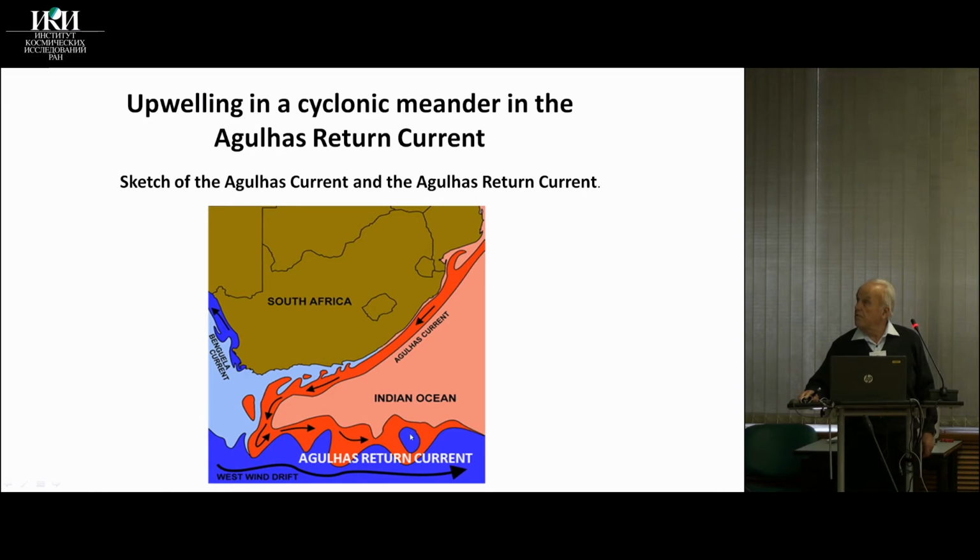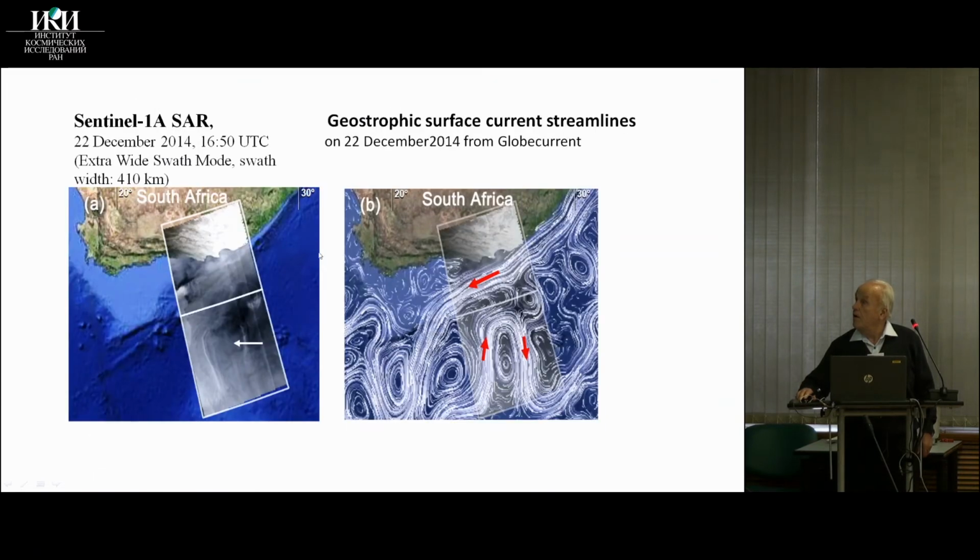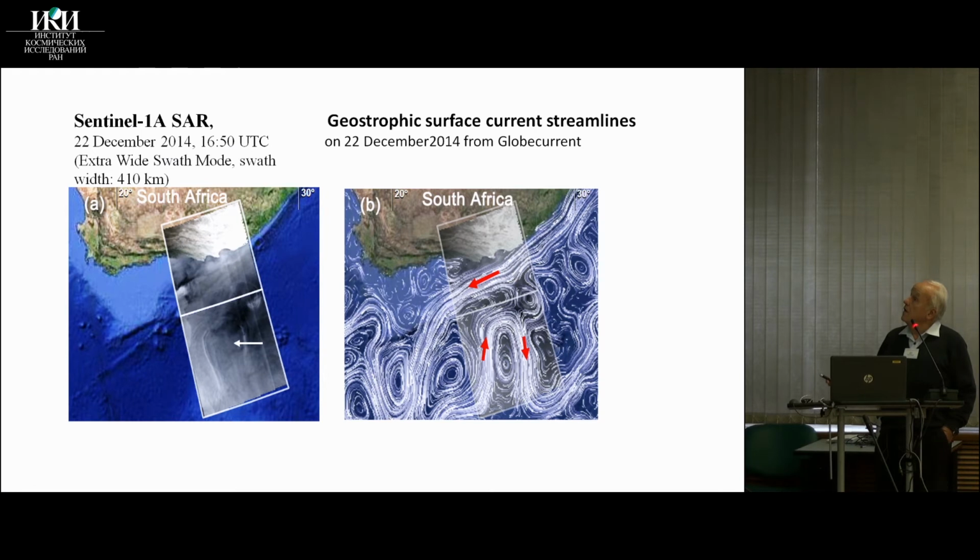And so you see here now, from a model, the geostrophic surface current streamlines. So you have here the Agulhas current, and then the return current, and often meanders happen, and you get here then a cyclonic meander.